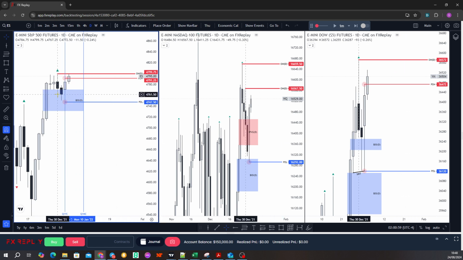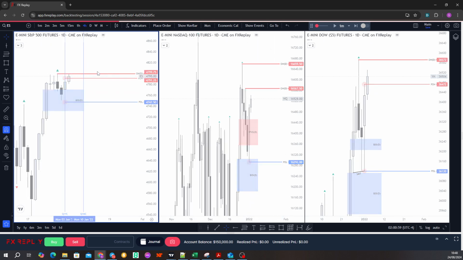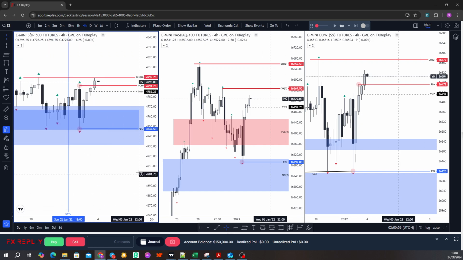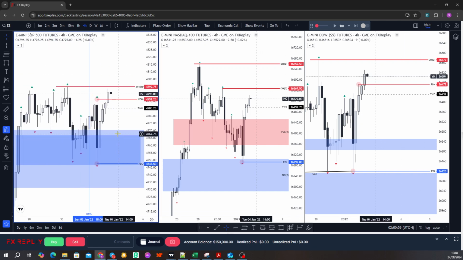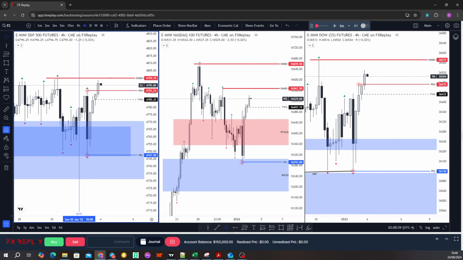As we can see, we've got the aligned highs marked up, dropping down to the 4 hour. Dropping down to the 4 hour, we can see that price was respecting the BISI H4 here.